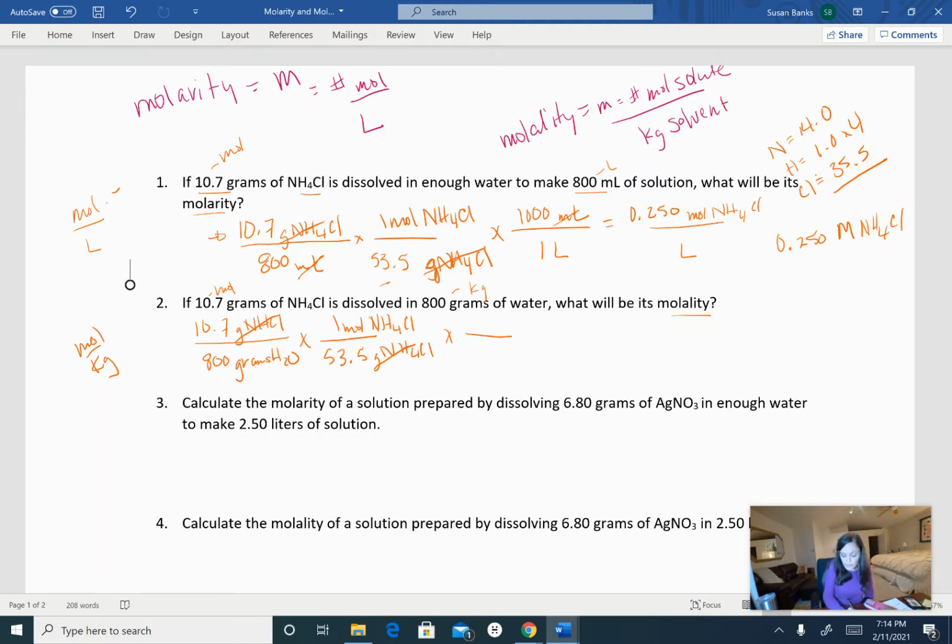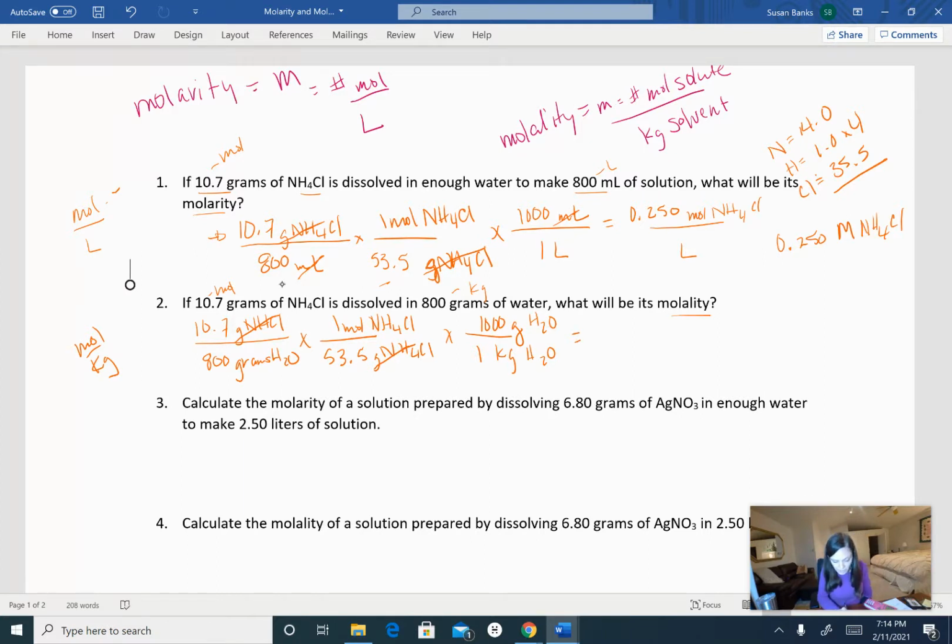I don't want grams. I want kilograms. So kilo is 1,000 grams, right? So I have 1,000 grams of water in 1 kilogram of water.